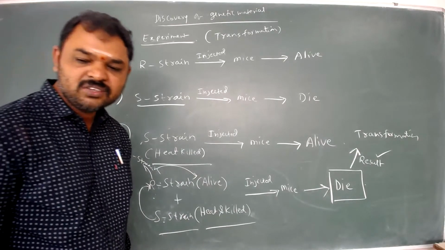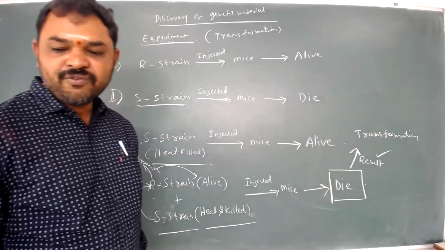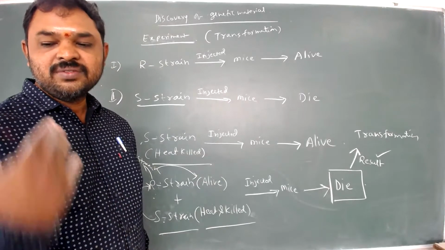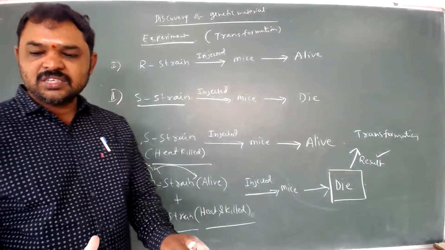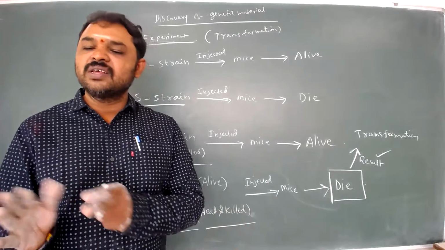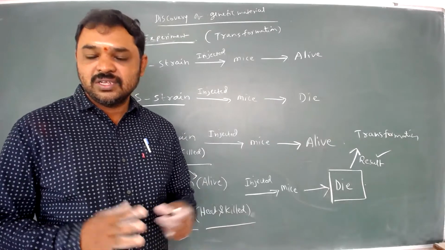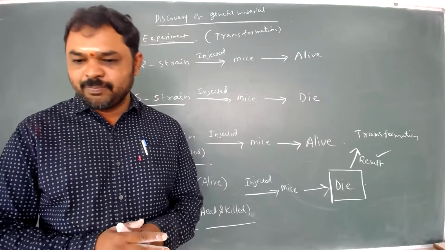So this is the first transformation experiment: the transfer of DNA from one strain to another strain, which results in one strain being modified into another strain. The transformation of one strain into another in the presence of another strain's bacteria is called transformation. Where does this transformation occur? In the bacterial cell.